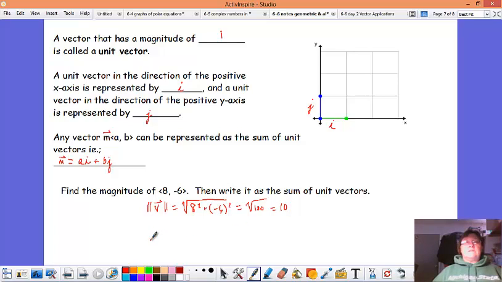To write that vector as the sum of unit vectors, we would say that it has 8 in the horizontal direction, plus it has negative 6 in the j direction. And of course, if you wrote that as 8i minus 6j, it'd mean the same thing.